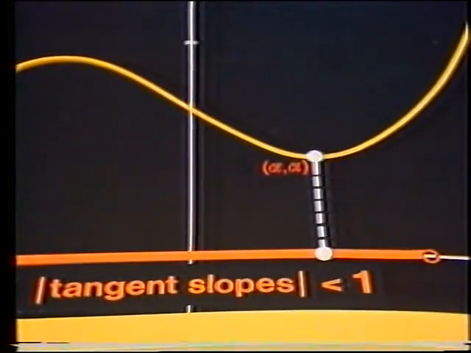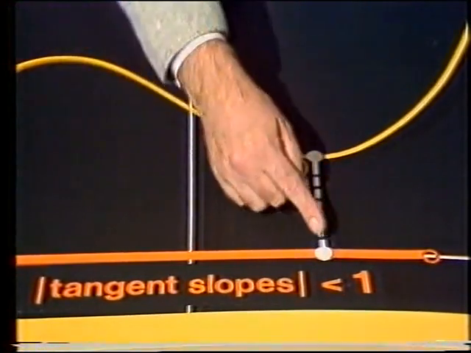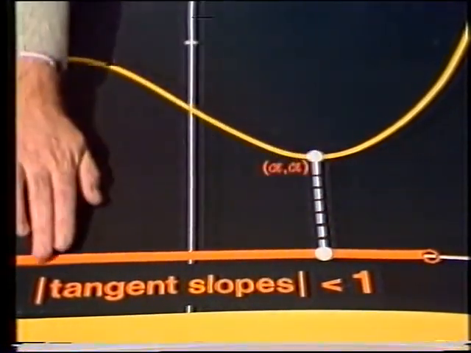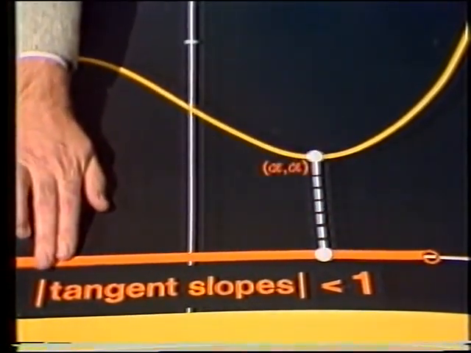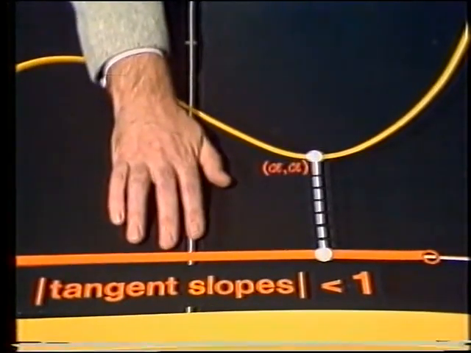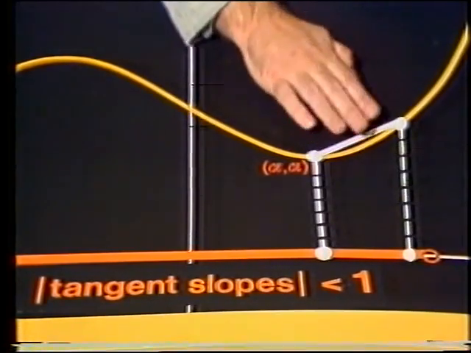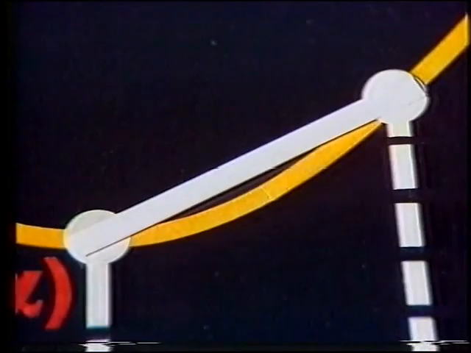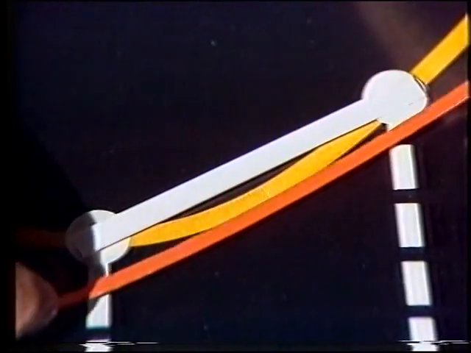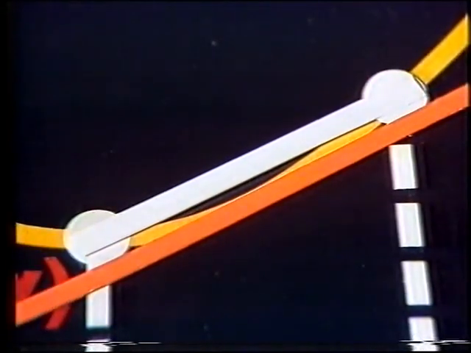Now, suppose I have an interval containing alpha such that the modulus of the tangent slopes is less than 1 for every point in this interval. If we take any point in this interval, remember, we're looking for chords joining this point to alpha alpha. Now, this chord has a parallel tangent which is attached to the curve somewhere in between.